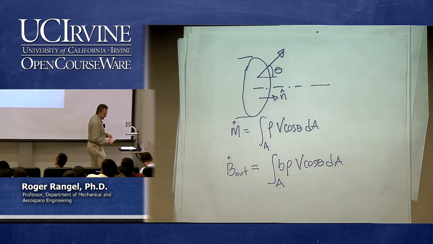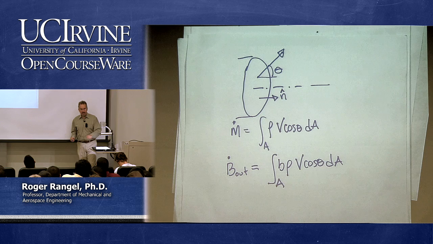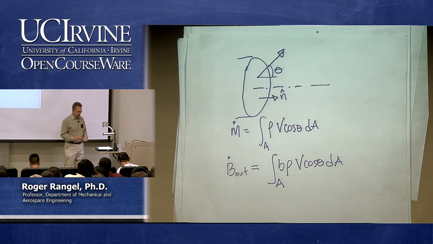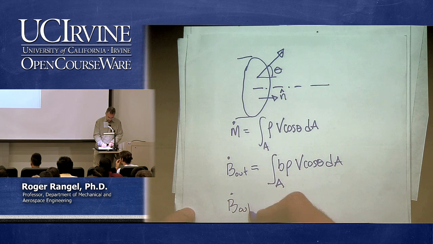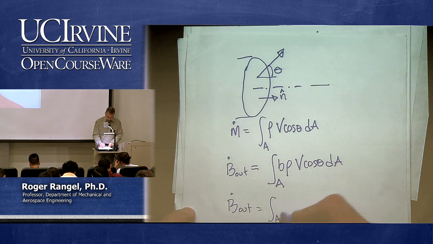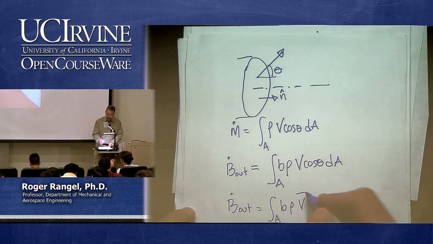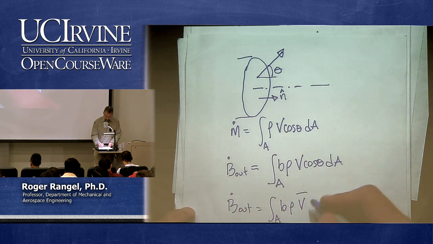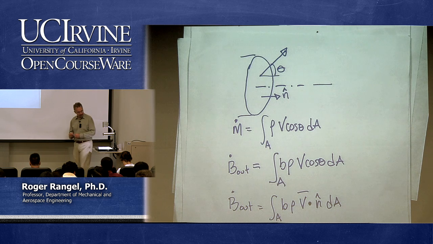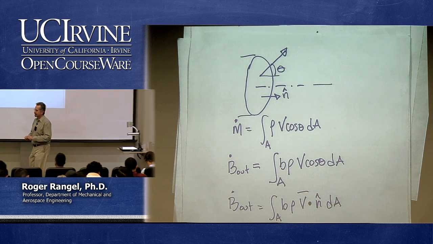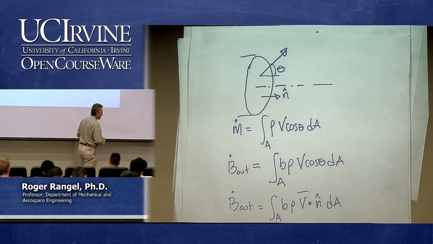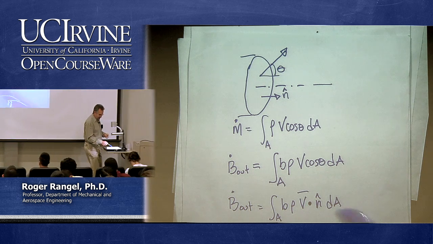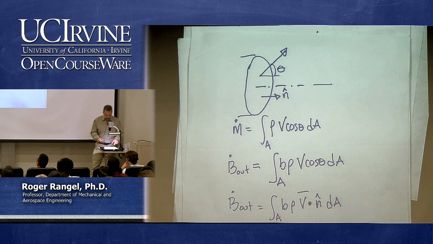And instead of writing V cosine theta, what can I write? Very good. Integral over the area of B rho V, now as a vector, dot n dA. All right? And that's the capital B dot out.